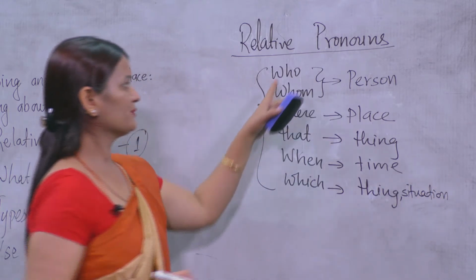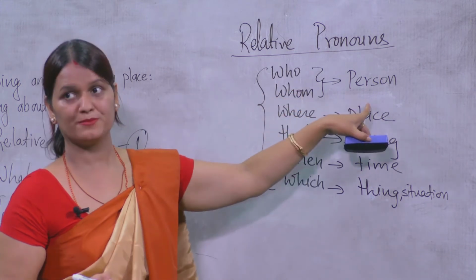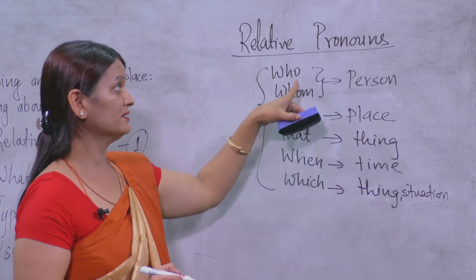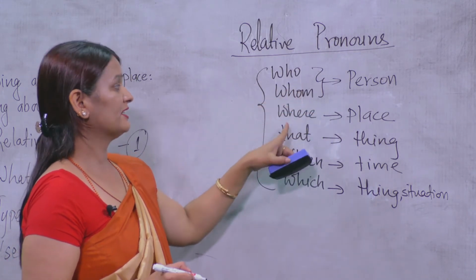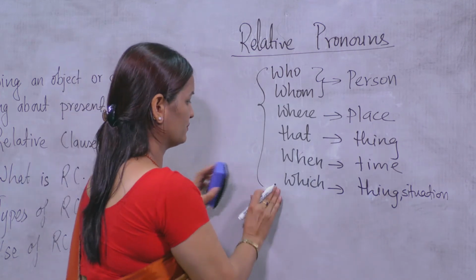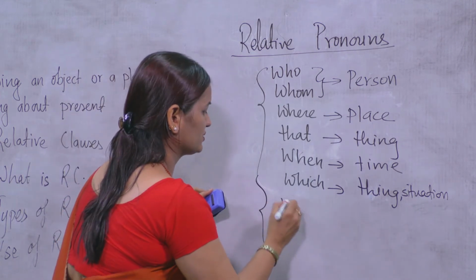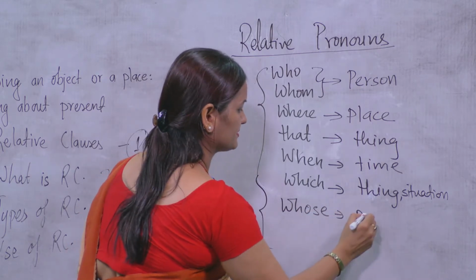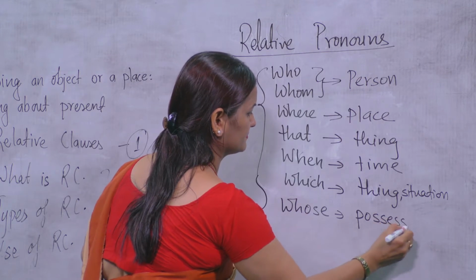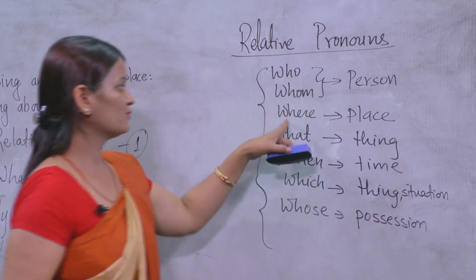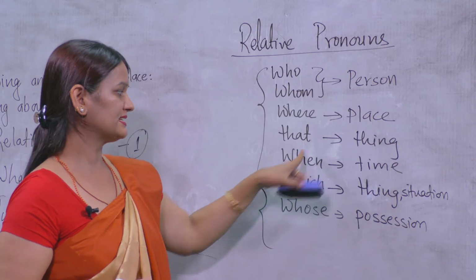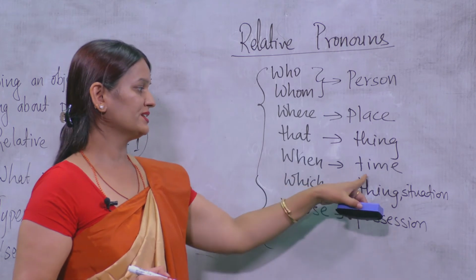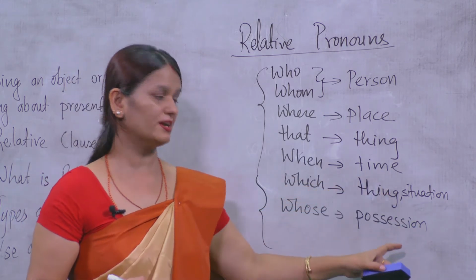Another one is whose, which is also a relative pronoun, used for possession. So where is used for place, that and which are both used for thing or situation, when is used for time, and whose is used for possession.